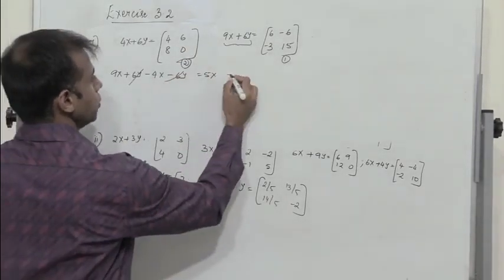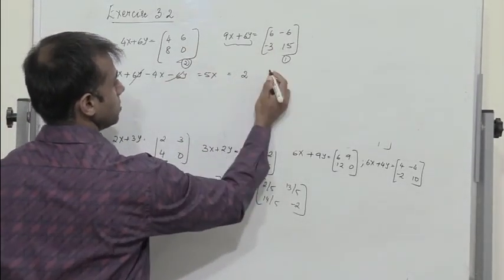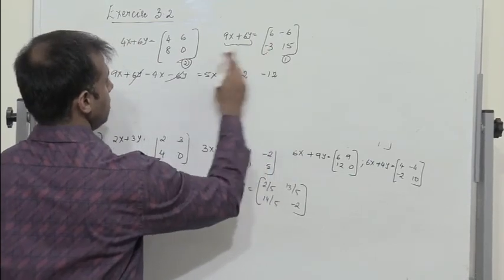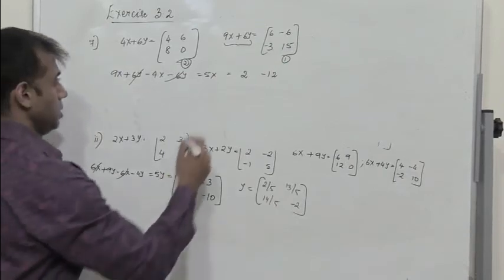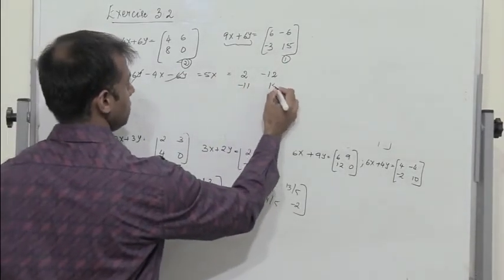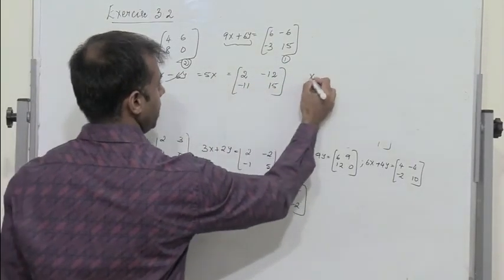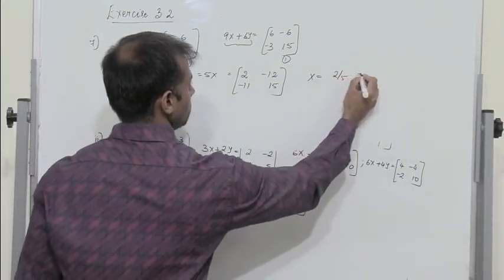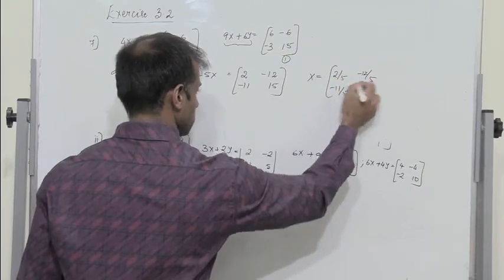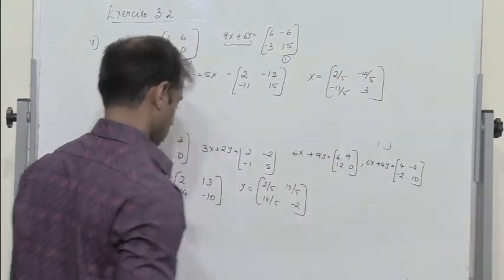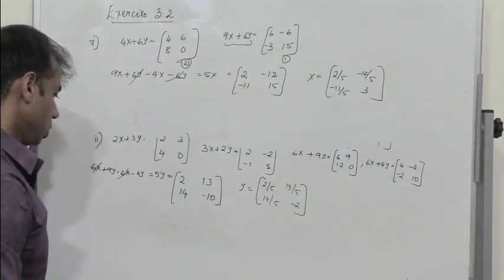So 6 minus 4 is 2. Minus 6 minus 6 is minus 12. Minus 3 minus 8 is minus 11. And then I get 15. So x is 2 by 5, minus 12 by 5, minus 11 by 5 and 3. Okay. So this is what we get.